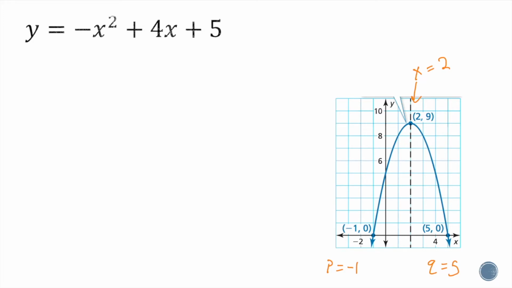Now taking a look at this equation, I want to rewrite it in intercept form. One way of doing this is by factoring. We've learned different methods to factor. The easiest way is to simply factor out the negative so that I don't have to do the AC method, which is a little bit longer and has more steps.